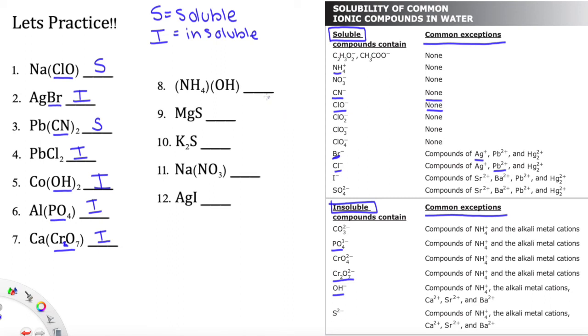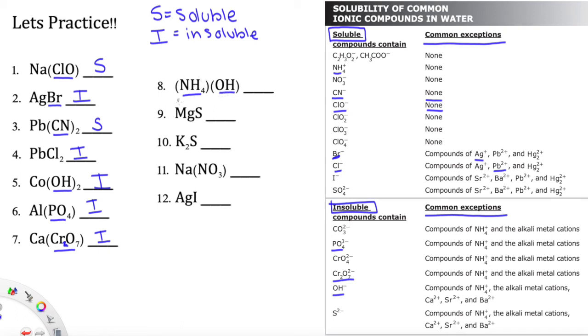Okay. Now let's look at number 8. Number 8 is kind of interesting because it has no metals in it, but it is an ionic compound because we've got the ammonium ion here and the hydroxide ion, ammonium hydroxide. And so we already talked about and pointed out the fact that ammonium is a positively charged ion and hydroxide is negatively charged. And so there are 2 rules that govern this compound, and they should both tell us the same thing. So let's go ahead and take a look at that.